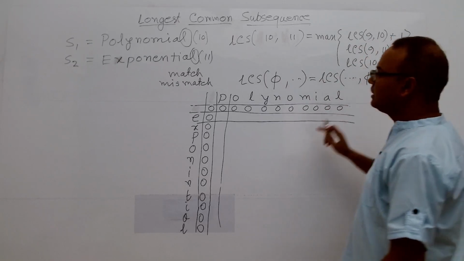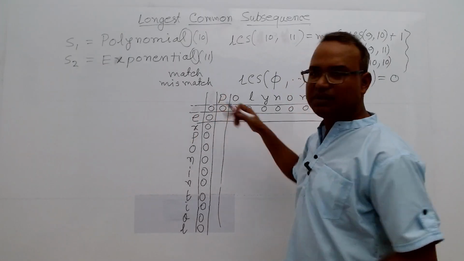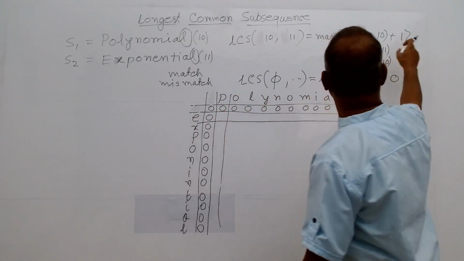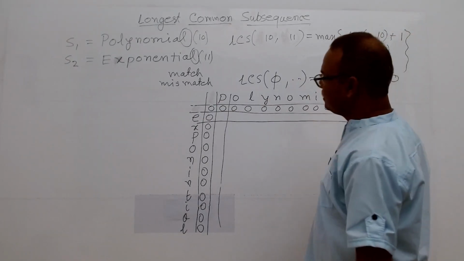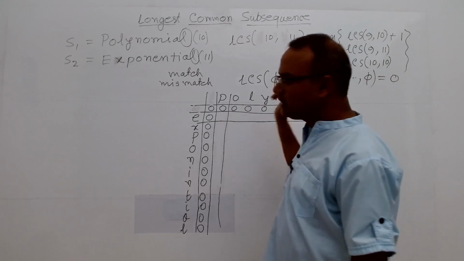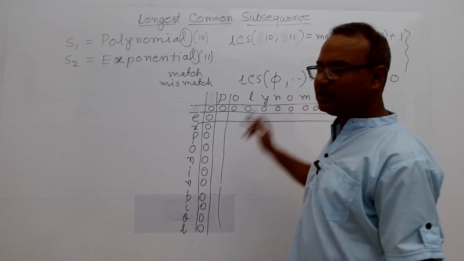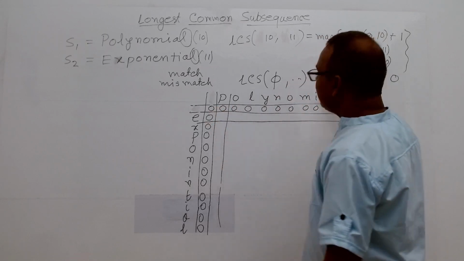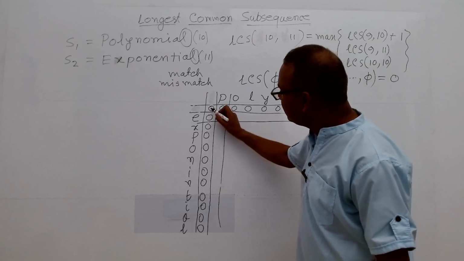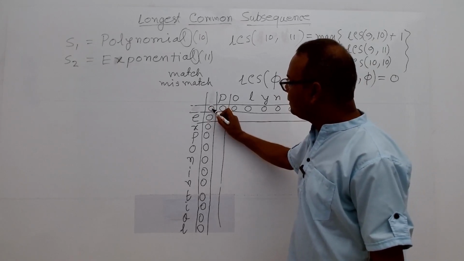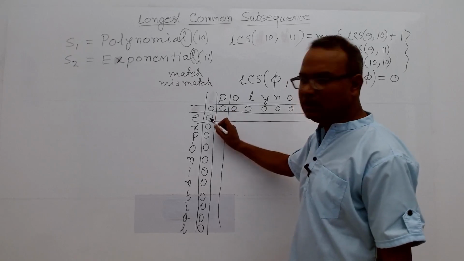If the corresponding characters match, E and P, no, they are not matching, so this option will not execute, otherwise this option will. If there is a match, we add 1. If there is no match, we add nothing. These three values can be found in the top-left corner, top, or left.